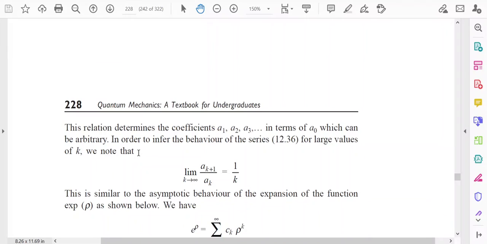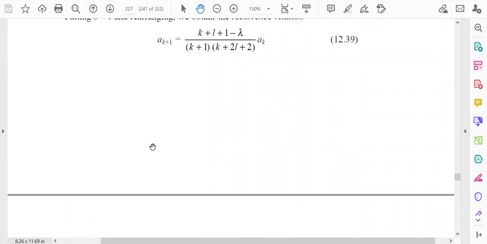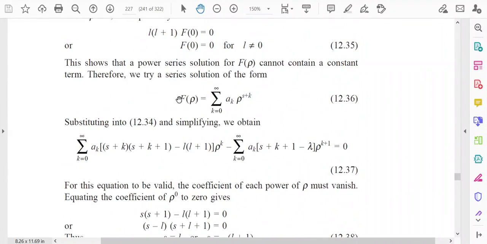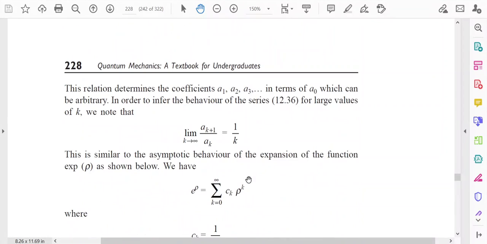Now in order to infer about the behavior of the series 12.36, this series, what we can see is that for very large values of k, if we set the limit k tends to infinity, ak plus 1 by ak will be 1 by k. How can we see this?